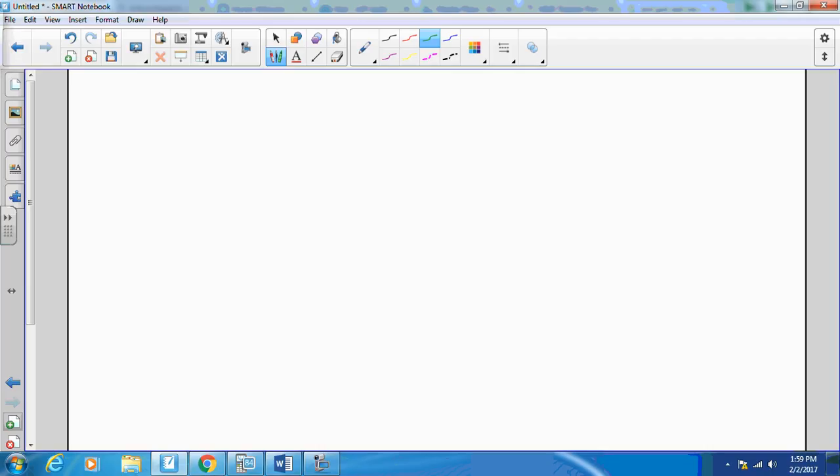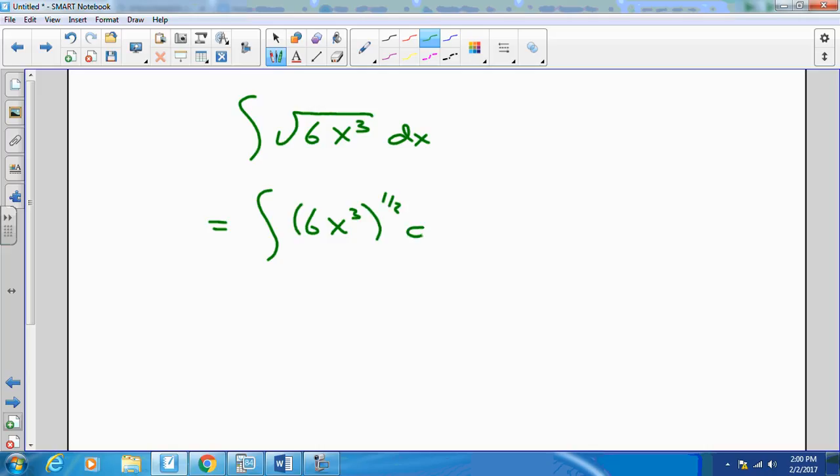Let's do one more. Okay, this looks pretty awful. So I say to myself, is this the basic antiderivative? Is this somebody's derivative that I know? No, it's not. So, can I rewrite it in some way using some algebra? Well, it does occur to me that a square root is the same as an exponent of 1/2.